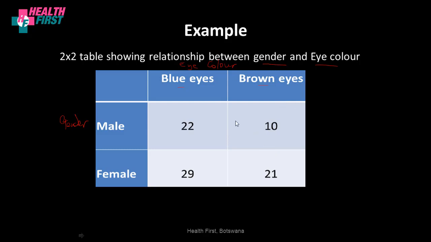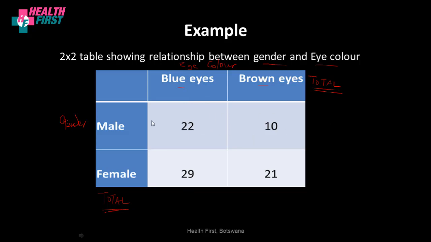Very easy to interpret. The other thing you have to note is that to complete this, you'd usually have a total column and a total row. So you add up the rows and columns to get your totals.